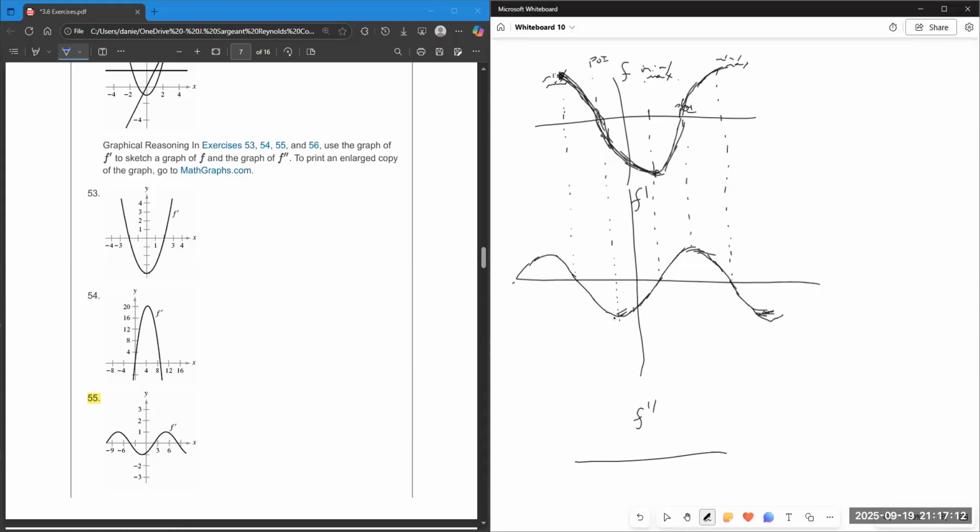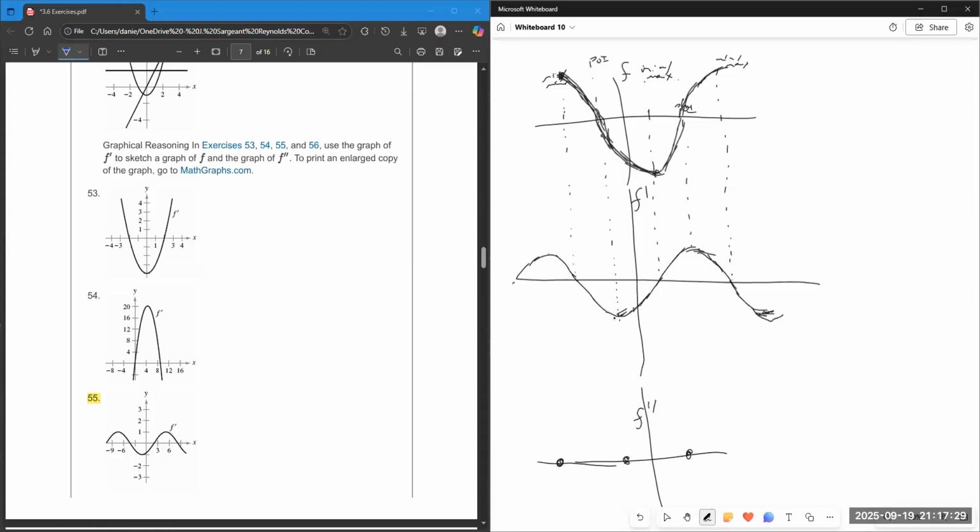Second derivative here, to kind of line up with this, there should be a 0 here, a 0 there, and a 0 there.